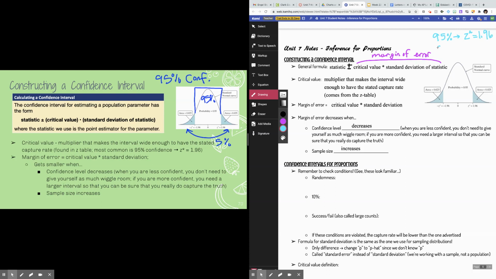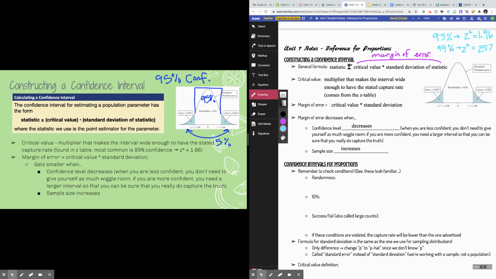Okay, another really common one is the 99% confidence. Your critical value is going to be 2.57. Right? No matter what the context of the problem is. So the more you do these problems, you'll pick up on a couple of the critical values that show up a lot.